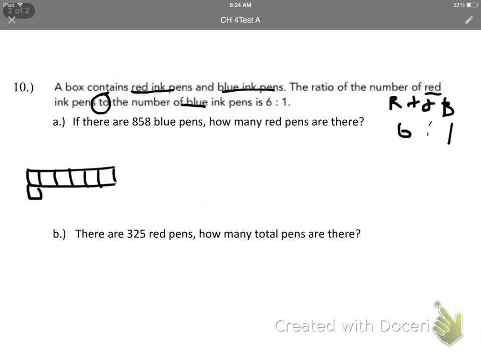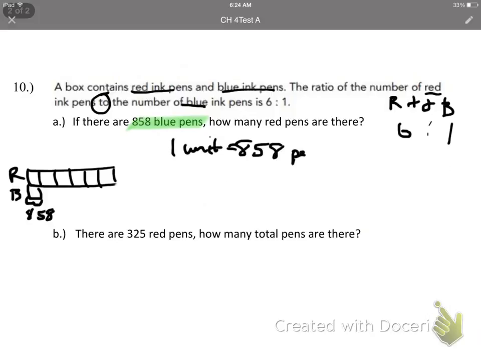And 6:1, red is on top, blue is on bottom. Now I want to go back, and in problem A it says there are 858 blue pens. So I need to go to the blue, and I need to write that that one is 858 pens. So right now the part that's given is 1 unit equals 858 pens.